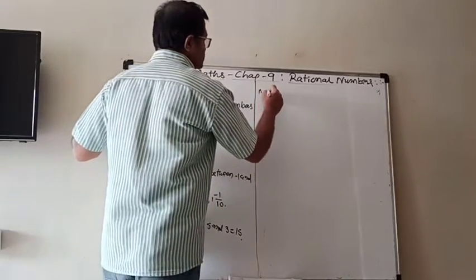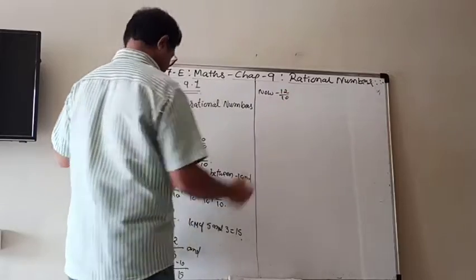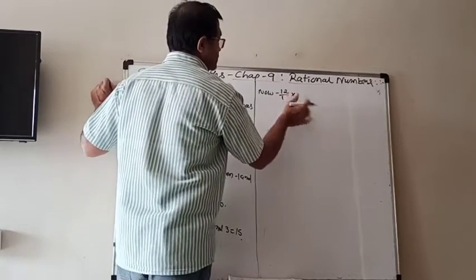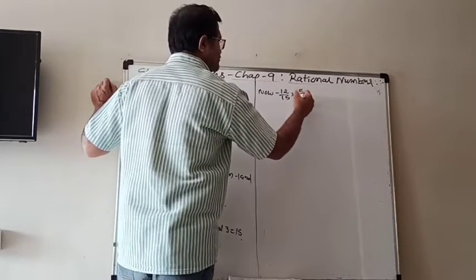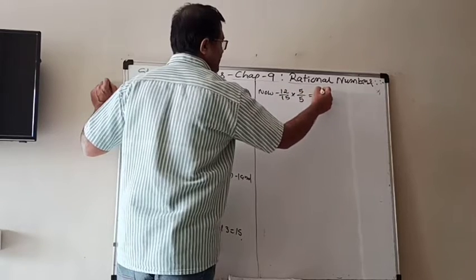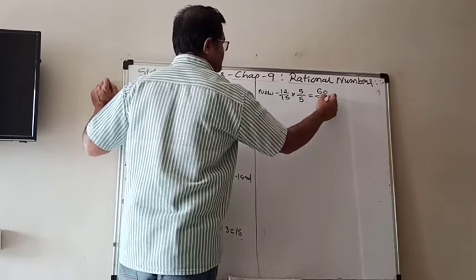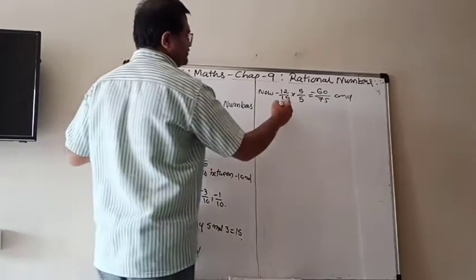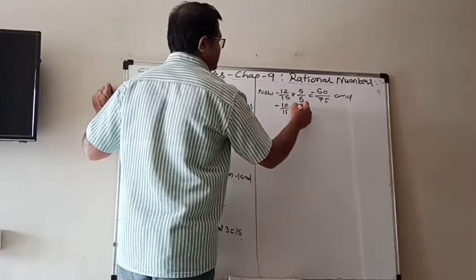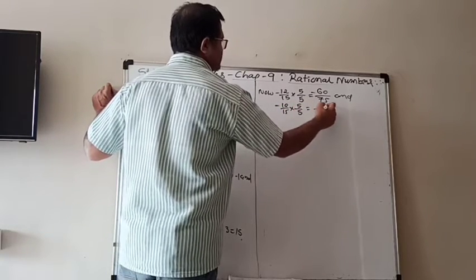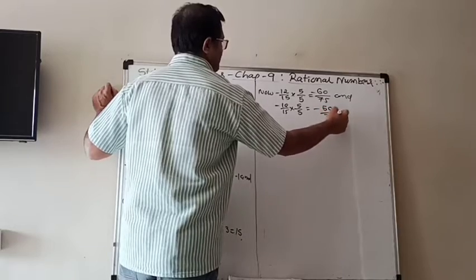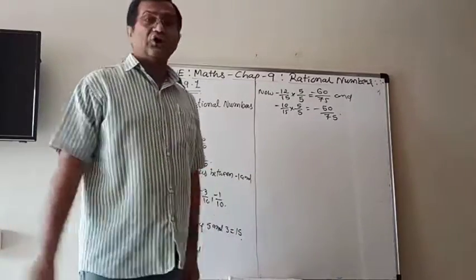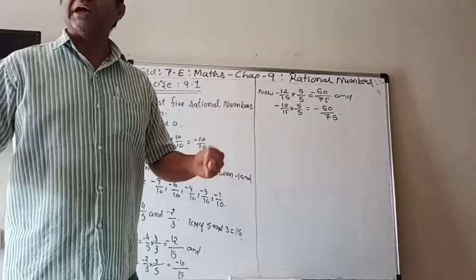So now -12 upon 15 multiplied by, sorry not 10, you can take 5 upon 5, that is -12 5s are -60 upon 75, and -10 upon 15 multiplied by 5 upon 5 is equal to -10 5s are -50 upon 75. So now you get a range of at least 9 or 10 numbers. So here you can choose any 5.